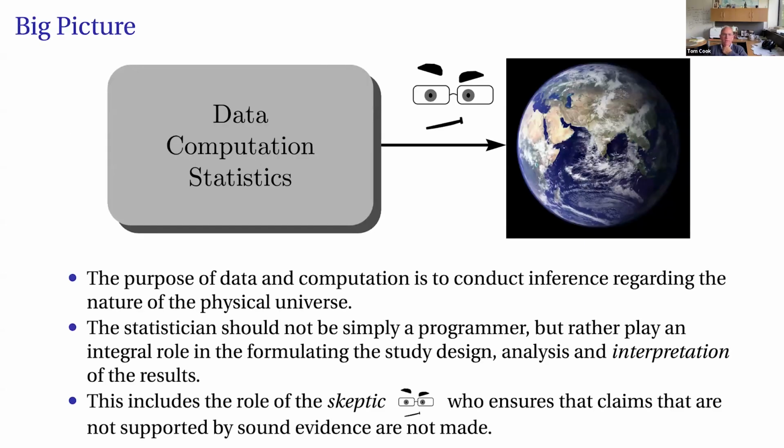So here's the big picture. I imagine that we have data and computation and statistics. Those are tools that we use to draw inference, but the ultimate goal is for those things to tell us information about the physical universe. And the statistician who is involved in doing the data analysis and computation shouldn't simply be a programmer who does what the investigators want, but they should rather play an integral role in formulating the study design, analysis, and the interpretation of the results.